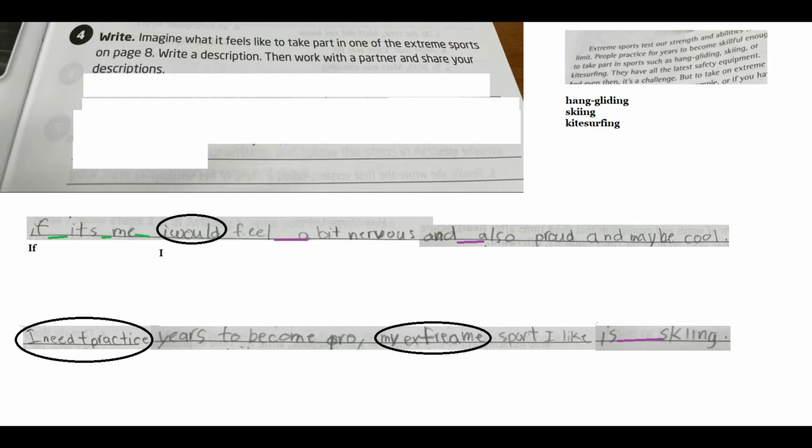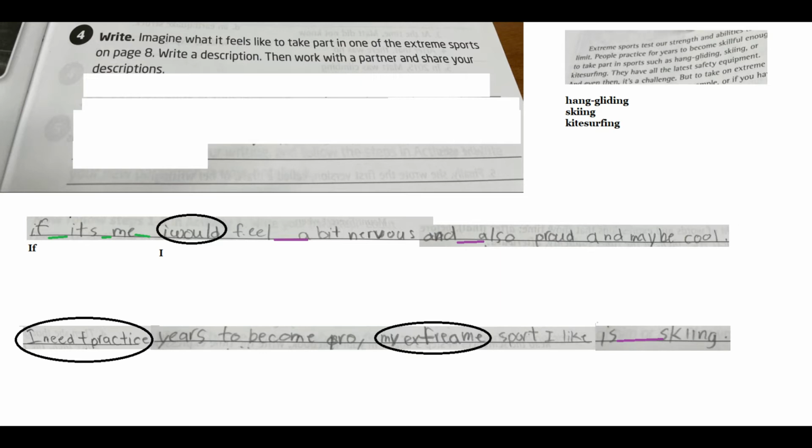And my extreme, again, those words need to be separated a little bit more. And you also don't want to separate the words too far apart, as in feel and then also, especially with is and then skiing. So be careful with spacing.